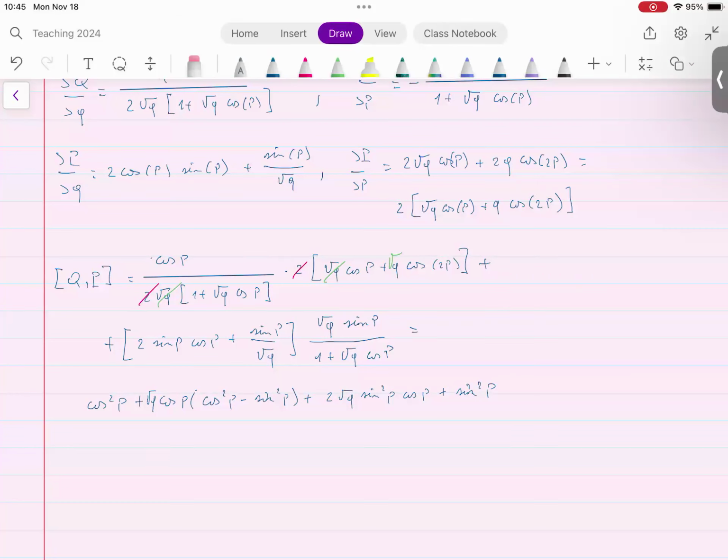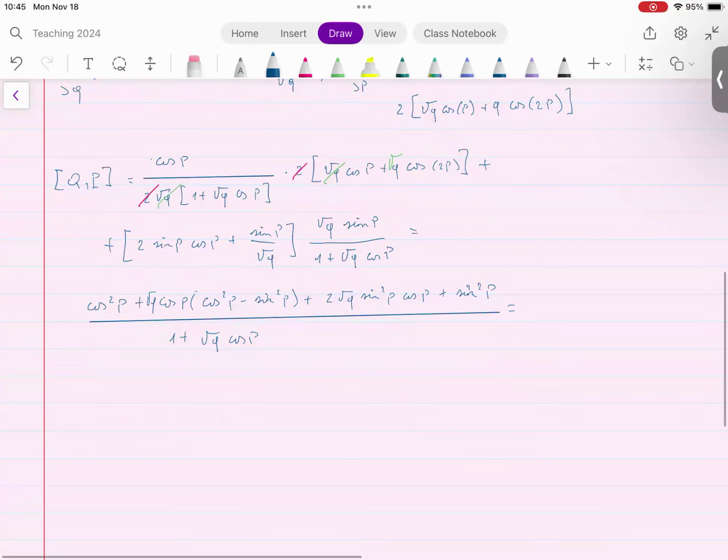And then everything gets divided by 1 plus square root of q cosine of p. Almost there.